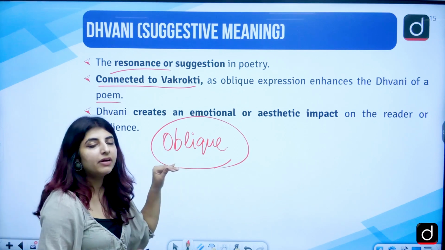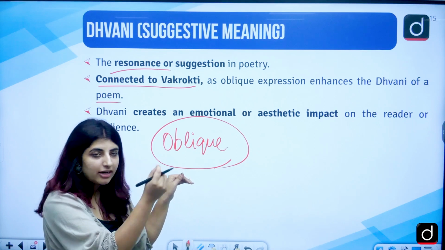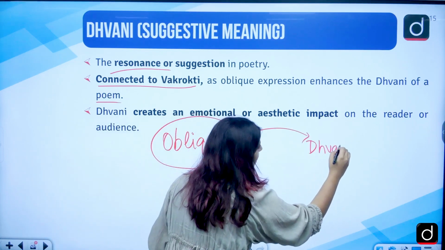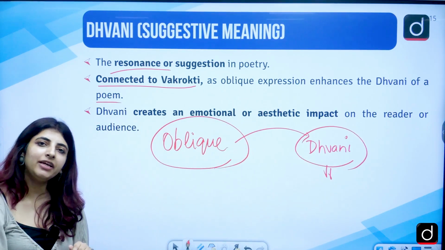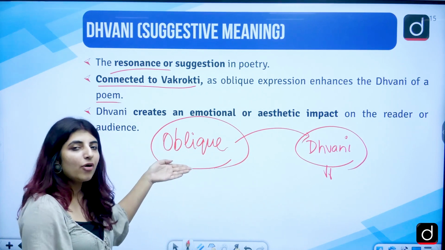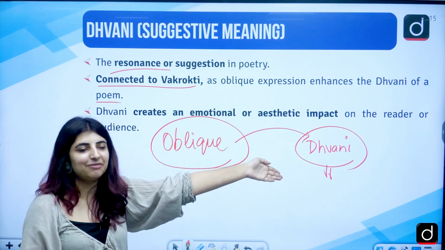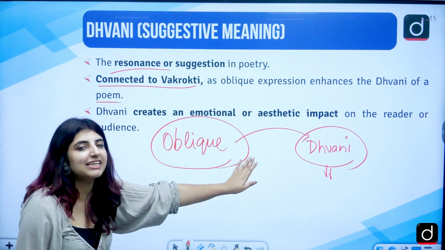When you will have a blurred expression used in a verse of poetry in a particular line, that will eventually lead to the enhancement of dhvani, because dhvani is talking about the suggestive meaning. कि ये क्या suggest कर रहा है, hidden meaning, and with the blurry lines which are there, only you will be able to get to understand the suggested meaning. Correct? It creates an emotional and aesthetic impact.